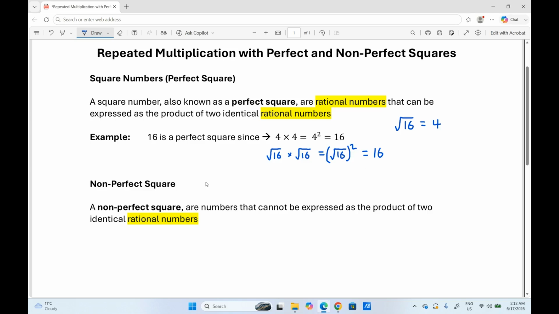Okay, now this helps us to answer the non-perfect square problem. Let's say I want to find a number that can multiply by itself to get to 30. And now I can figure it out.